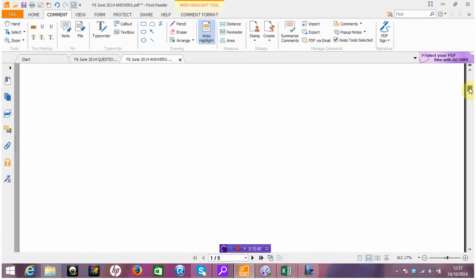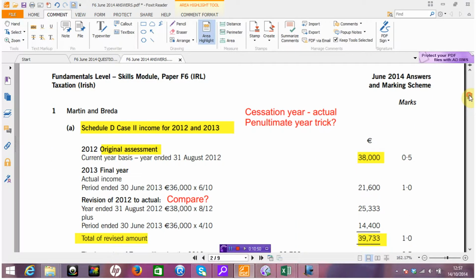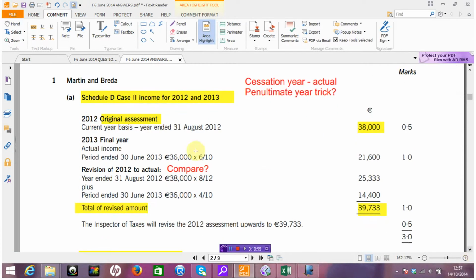And you'll see within this answer that the first part is reasonably straightforward if we know the cessation rules. Okay, so this is part A for us. Part A referred to just simply laying out some Case 2 income details for two years, 2012 and 2013.